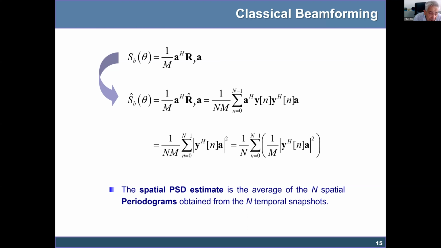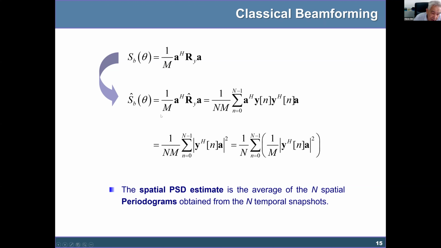And then we derived the angular spatial power spectral density estimate. So an estimate of the power spectral density as a function of the direction of arrival theta by using the classical beamformer. And this was basically the solution.